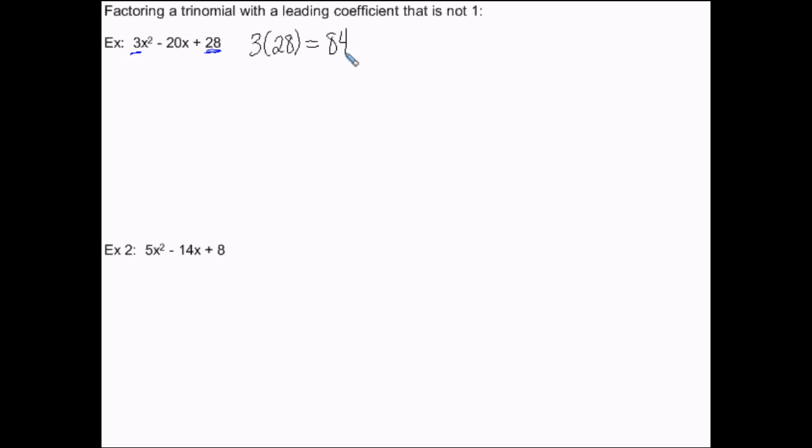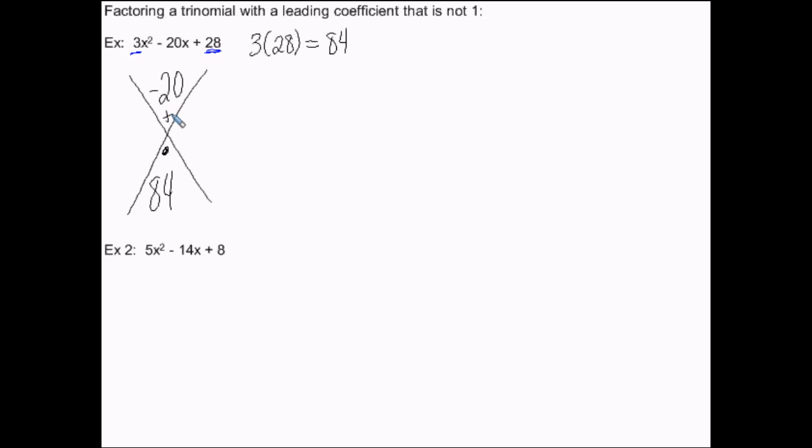Now, I'm going to look for two numbers that when I multiply them, they're going to give me 84, but when I add them, they're going to give me a negative 20. So I start thinking of factors of 84. Well, 2 and 42, that's not 20. 7 and 12, not 20.